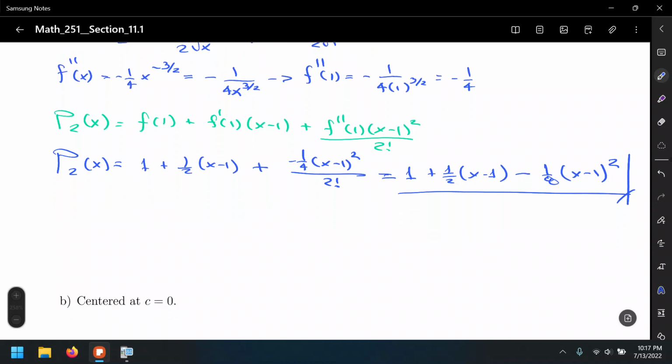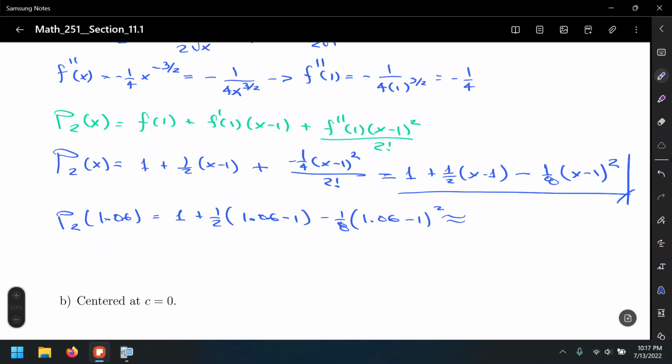And we're going to use this polynomial to estimate or approximate the value of the square root of 1.06. That is, we're going to use this p sub 2 and evaluate it at 1.06. So that's going to be 1 plus 1/2 (1.06 minus 1) minus 1/8 times (1.06 minus 1) quantity squared.